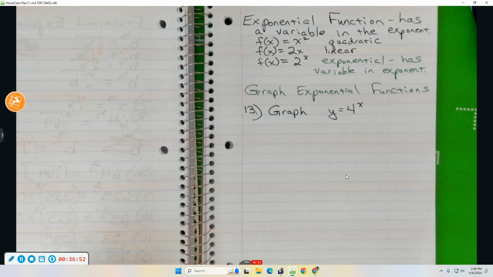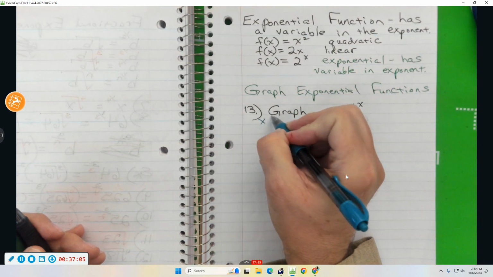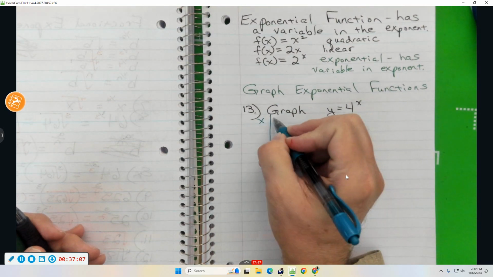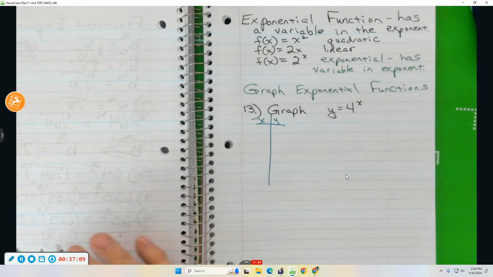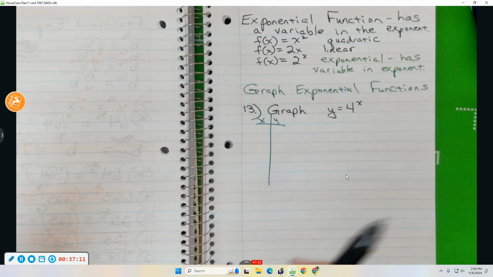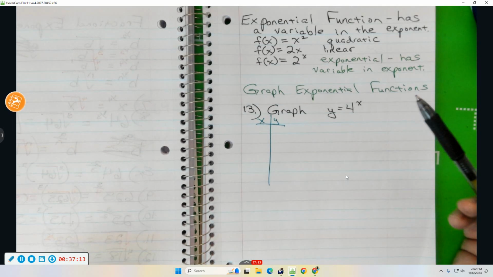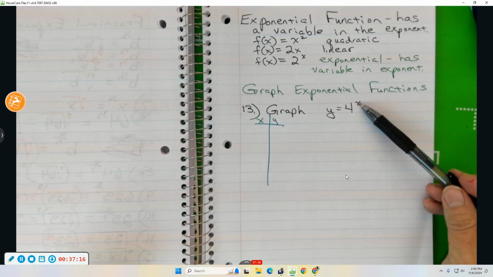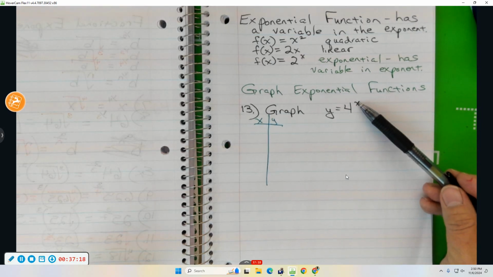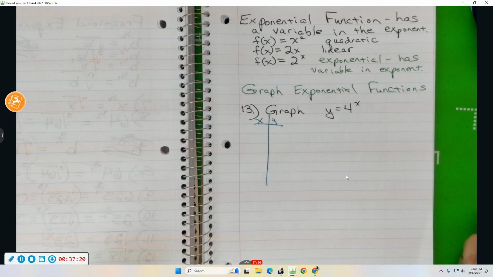And I'm just going to plug numbers in for x and plot points until I see the shape of the graph. I'm going to make myself a table of values, x, y, and I could plug in any number I wanted to for x. I could plug in 10, 4 to the 10th power.